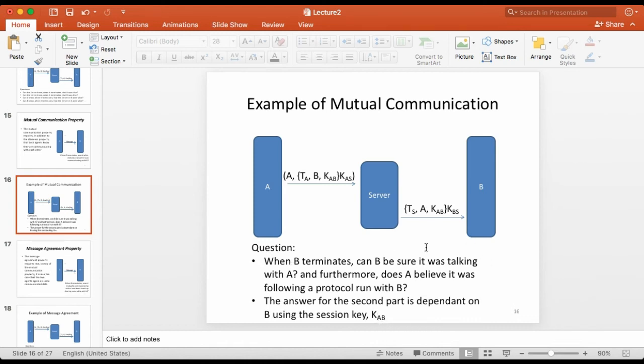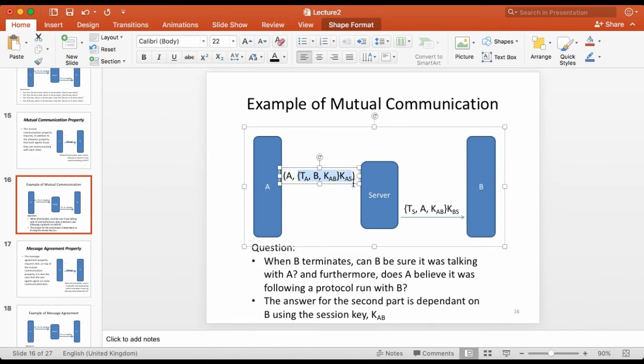So the idea here is basically that since B received the message from the server, the server could not have sent this second message unless it was successfully able to decrypt the second part of this first message.